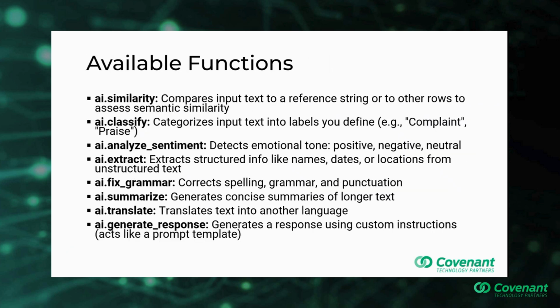The interesting part is what functions are available. There are similarity functions, classification functions, sentiment analysis, and so on. There's also a generic prompt response where you can just ask questions around it. The translate text option uses a large language model that has been trained on a wide range of data, so it has a pretty good ability to translate.